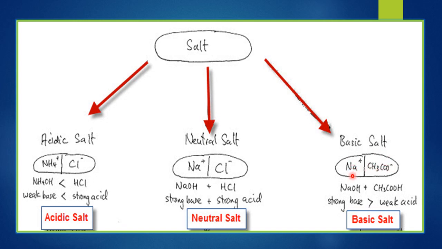The sodium ions will form sodium hydroxide, and acetate will form acetic acid. The sodium hydroxide, being a strong base, will give out more OH ions compared to this weak acid. So in the solution of sodium acetate, the number of OH ions will be more. So the solution will be basic in nature and the value of pH of this solution will be more than 7.